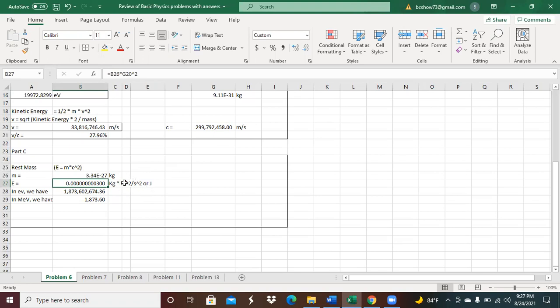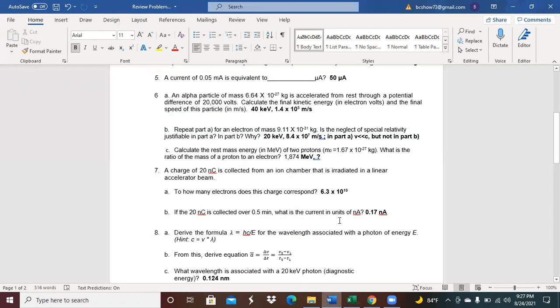These are the units that come out of that. And as it turns out, the energy here should end up being in joules. If we convert that to eV, then we have a whole bunch of eV here. If we want to convert that into something that's a little bit more usable, like mega electron volts, we take it and we divide it by 1,000,000. And that's where that number comes from.